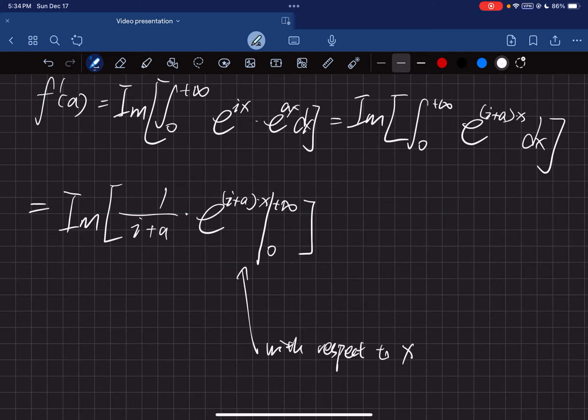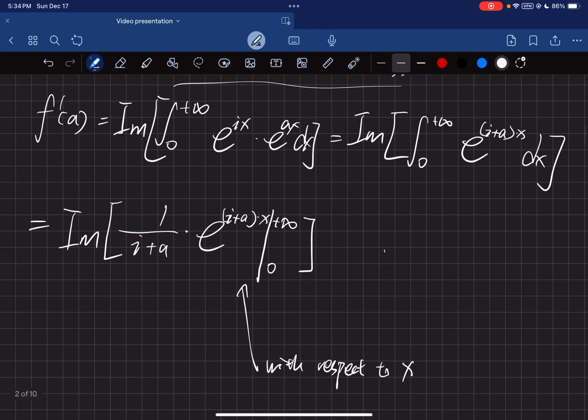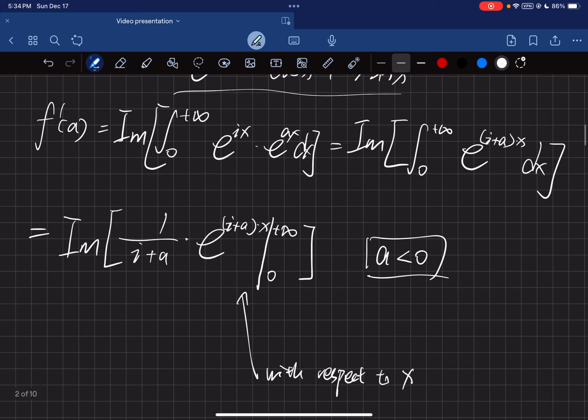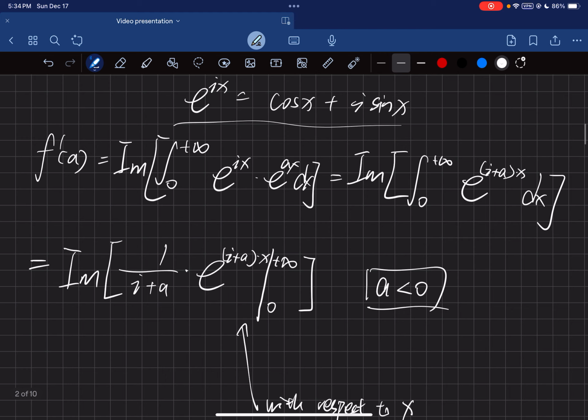That is for when x is positive infinity, take it into this equation, and when x is 0, take it into this equation, and for the a here, it is smaller than 0. But why is a negative?